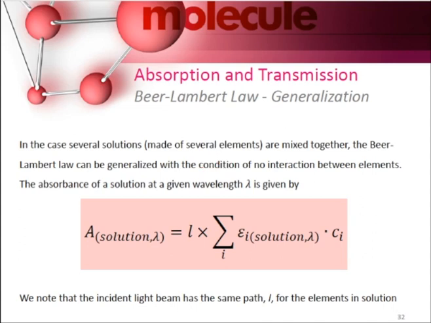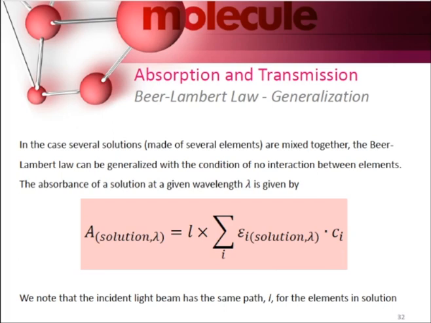When we have a mixture of different elements, each molecular element has a known value of absorptivity. So you notice that epsilon i corresponds to the absorptivity of the element i in the solution at a given wave number, or wavelength, because absorptivity is wavelength dependent.